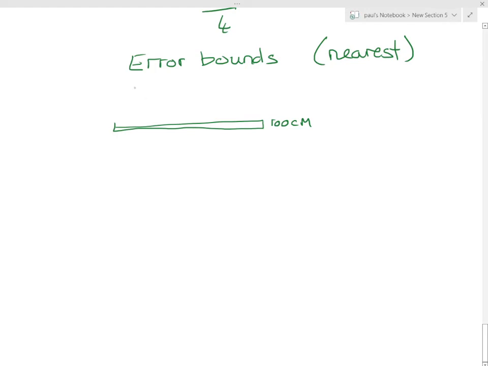So in the question, you'll say you've got a length of pipe 100 meters to the nearest 10 meters. Right? Now, to the nearest 10 meters gives us our tolerance.